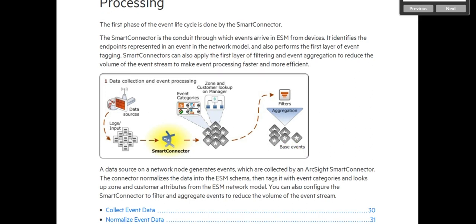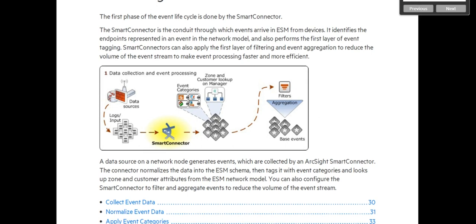So the first thing the smart connector does is apply some normalization to put the logs into a common event format, a common schema. We call it the ESM schema.